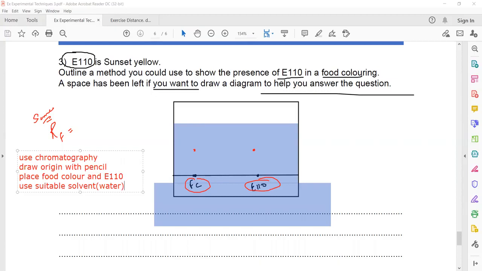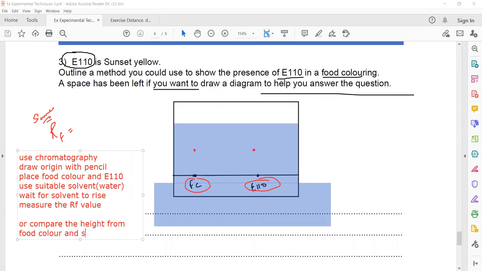Example, here we are using water. Then wait for solvent to rise. Then measure the RF value, or compare the height of the spot from food color and the spot for E110. If they rise to the same height, or they have the same RF value, it means that the food color contains E110.